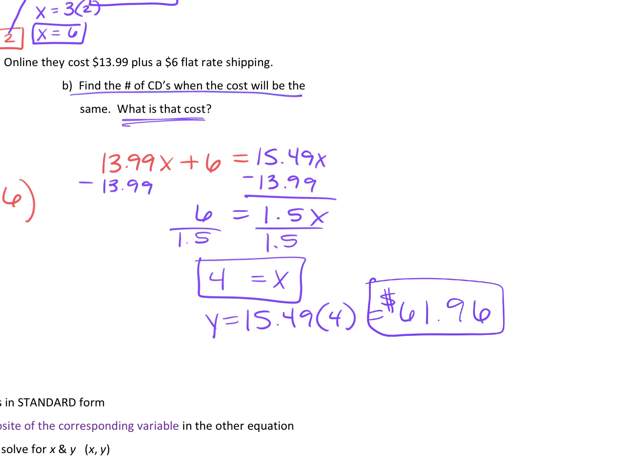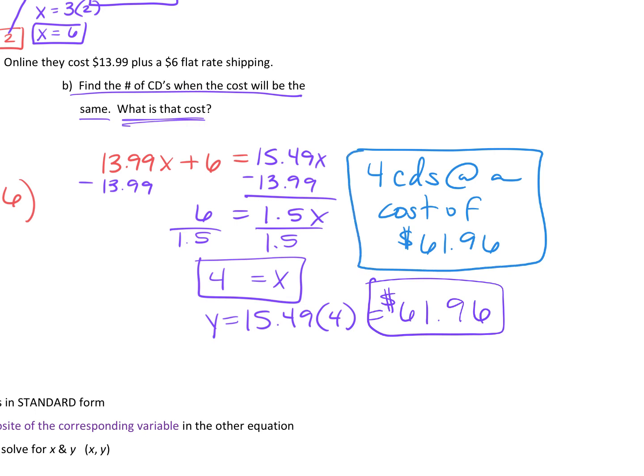What's the number of CDs when the cost will be the same? 4 CDs at a cost of $61.96. Okay, so just make sure on word problems, you're telling me what your answer means. I need to know that you understand the content, okay?